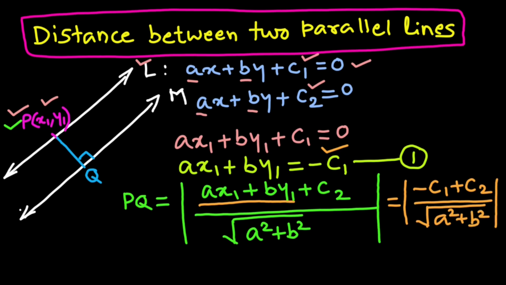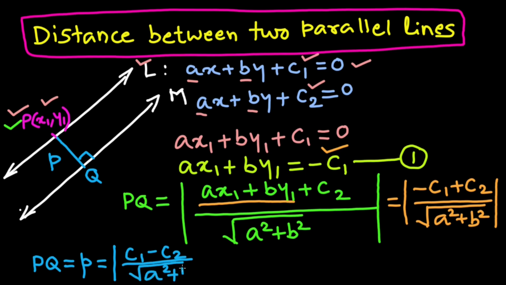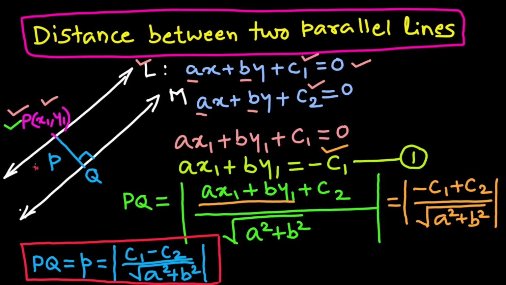Therefore, finally, length PQ, which we denote by the letter D, will be PQ equals D equals mod c1 minus c2 upon under root a squared plus b squared. So this formula gives the distance D between two parallel lines L and M.